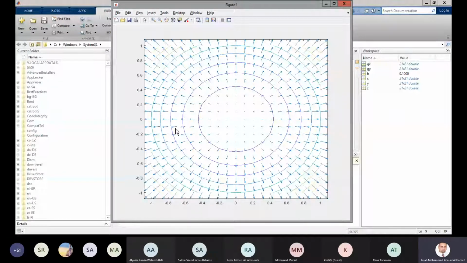Now for quiver, if you need to understand it, basically the beginning of the arrow is the value of x and y.